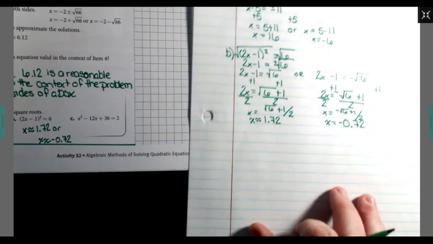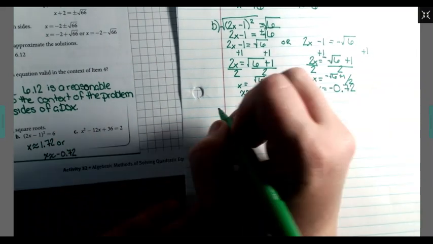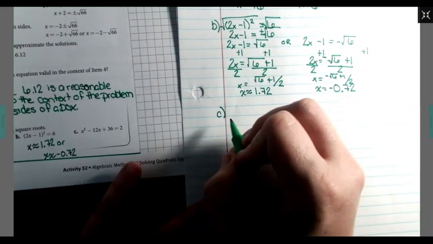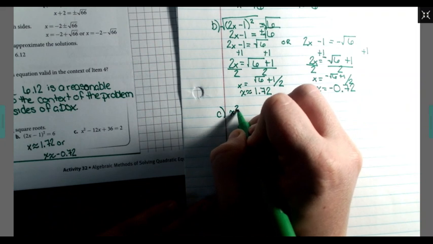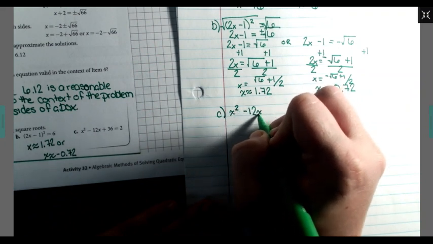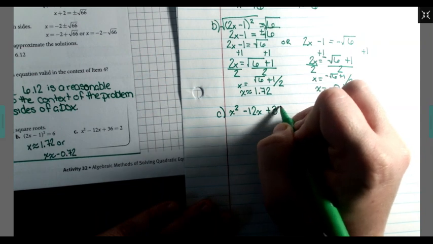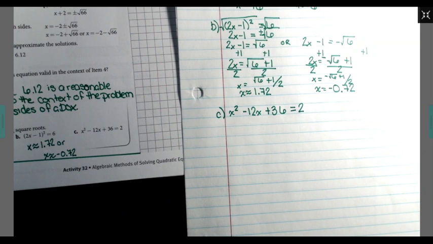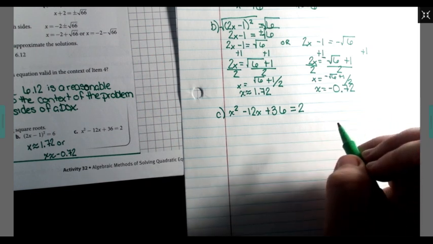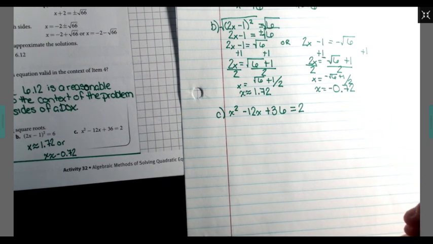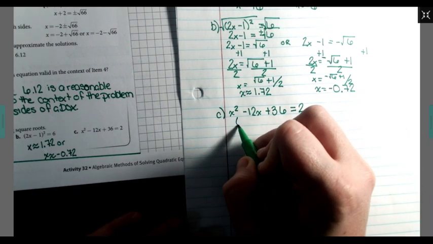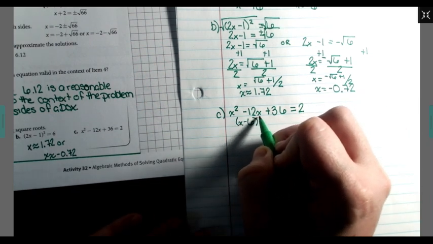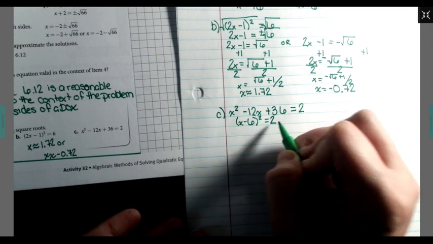Let's take a look at C. X squared minus 12x plus 36 equals 2. Okay, we can rewrite this as x minus 6 squared equals 2.